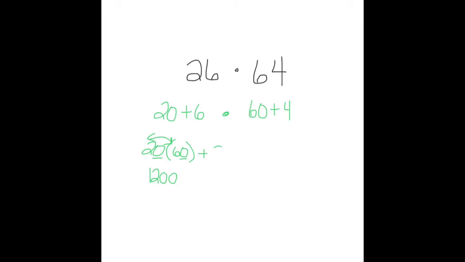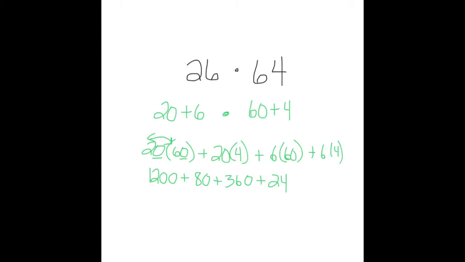And 20 times 4, well, that's the same thing as 2 times 4, which is 8. Add a 0. But I also have to do 6 times 60, which is the same thing as 36. Add a 0, plus 6 times 4, which is 24.